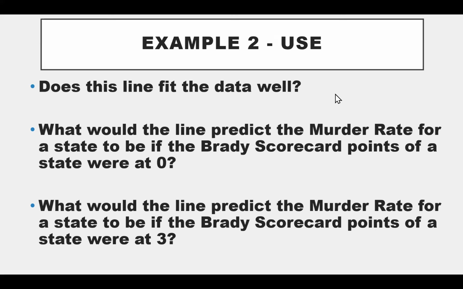Yes, it does for our purposes, for r greater than or equal to 0.75. And then what would the line predict the murder rate for a state to be if the Brady scorecard points of a state were at 0? What would the line predict if the Brady scorecard points were at 3?